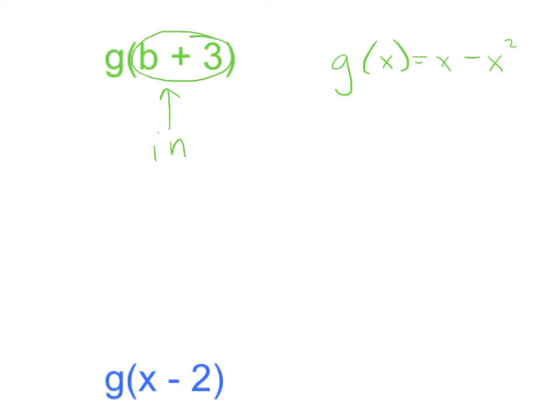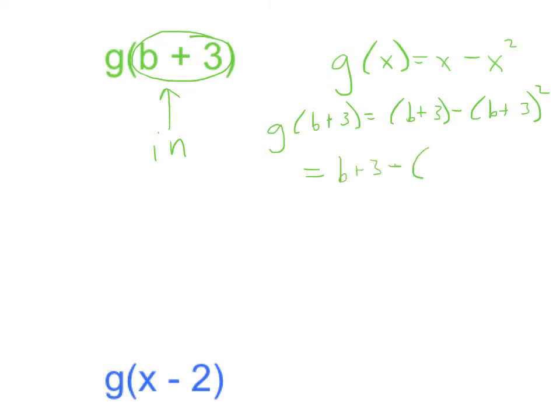So g of b plus 3 means that wherever I see an x, I put in b plus 3. And in this case, unlike the previous one, we actually have some work to do in simplifying this. When I simplify this, I'm going to work through this. This is b plus 3 minus. Now for this one, I'm going to have to FOIL this business out.